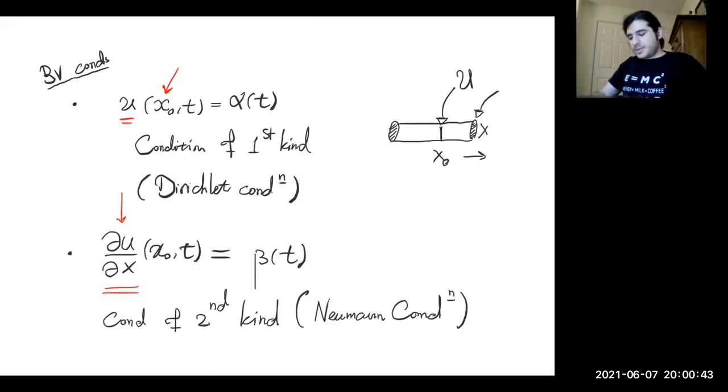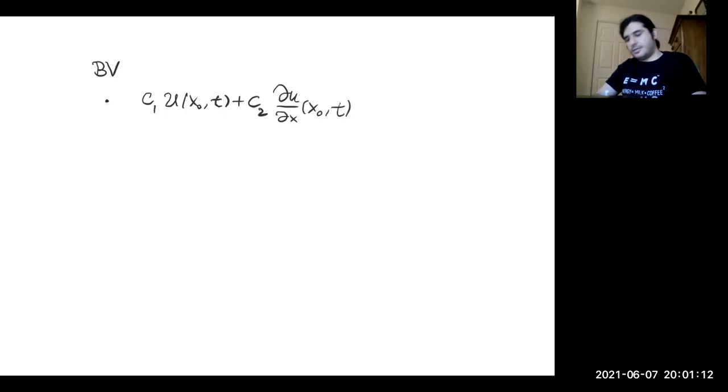Sometimes, rather than fixing the value of u at some point or its derivative, we might want to fix a linear combination of them. So another sort of boundary value condition can be like this. Suppose a linear combination of u at some point x naught and its derivative at that point is fixed, is given.